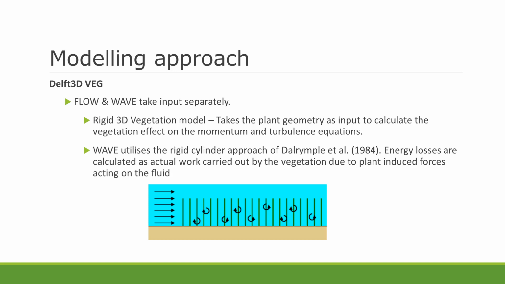In Delft3D Wave, which simulates wave generation, propagation and dissipation, including the effects of refraction, shoaling and blocking in wave propagation, as well as capturing wave-current interactions, the rigid cylinder approach of Dalrymple is utilised. Energy losses are calculated as actual work carried out by the vegetation due to plant-induced forces acting on the fluid.